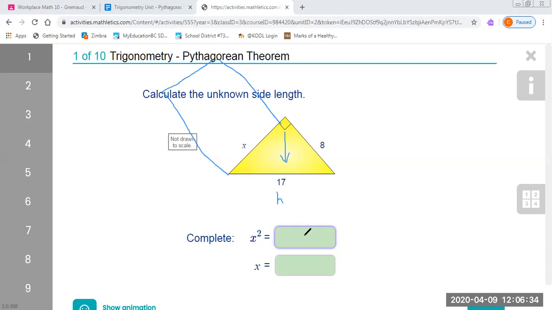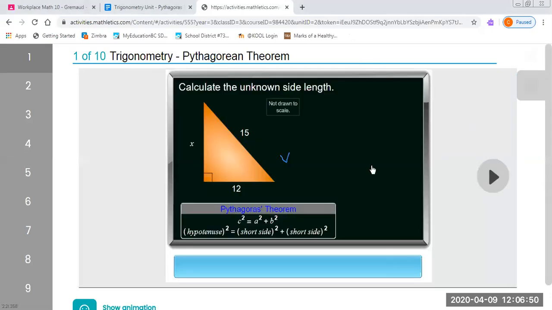Now, if you are not sure how to do this, I'm going to walk you through how to do this, but if after everything I talk about, this does not make sense to you, what I would suggest you do is in Mathletics, there's this wonderful tool here that looks like this. It's an eye tool. If we click on this, it will take a look at a similar type of question and it will step you through here.